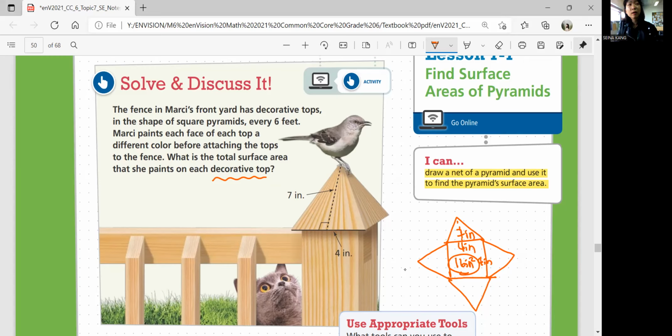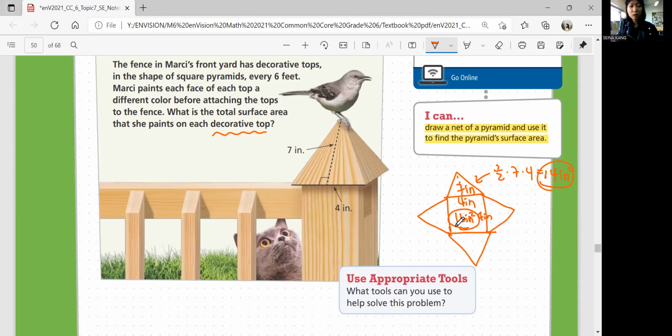What about the area of a triangle over here? 4 times 7 divided by 2 is 28 divided by 2. So that's 14 inches squared. You're going to multiply that by 4 so that you have the area of all the triangles, and then you're going to add them all up.